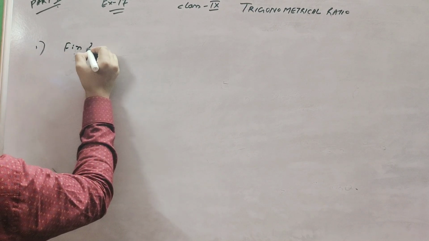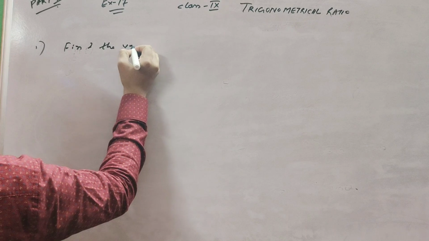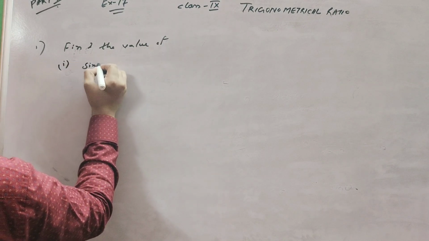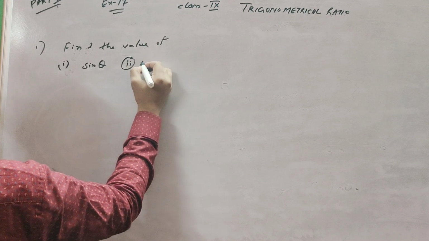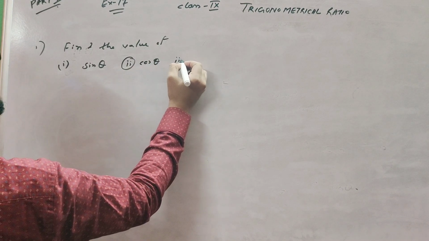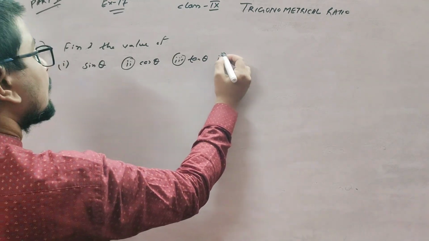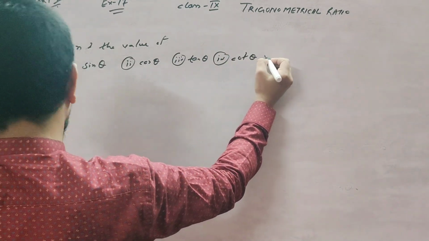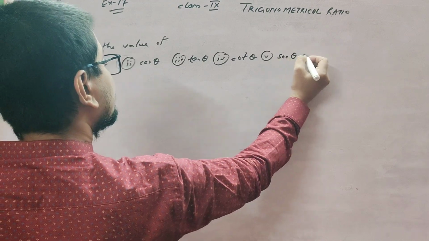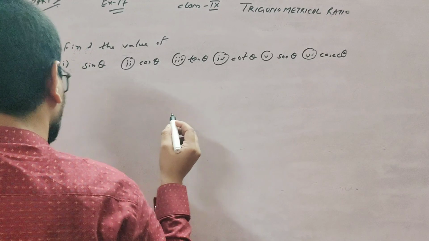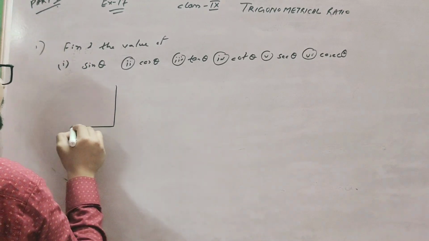Find the values of sin theta, cos theta, tan theta, cot theta, sec theta, cosec theta. And this is the diagram given in the question.